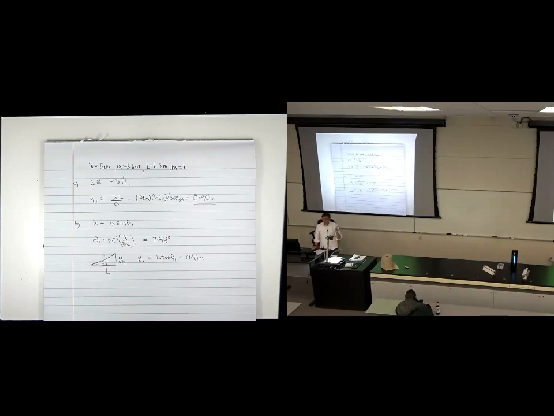It was good to about a part in 100, that sort of scale, but it wasn't exact because it does rely on the angle being small. This angle was pretty small, 7.9 degrees for the microwave diffraction. Typically in a problem with light, the angles are very, very small, and this approximation tends to be very, very good. Anyway, I just wanted to show you that example.